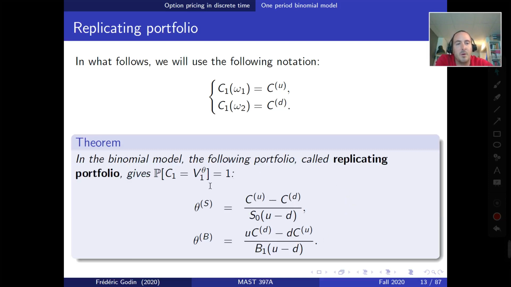But for that portfolio, the final value of the portfolio will be equal to the payoff of the derivative with probability 1. This is why we call it a replicating portfolio: the final value of the portfolio replicates the payoff of the option. It always has the same value. So, proof.